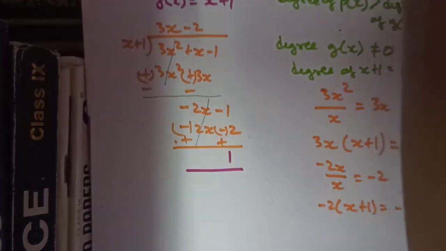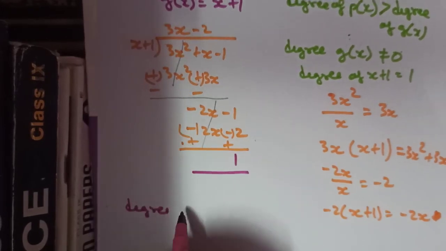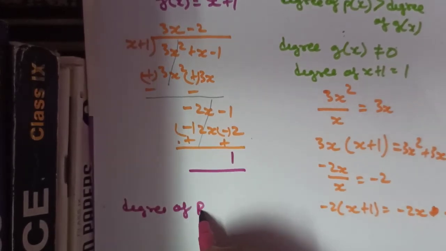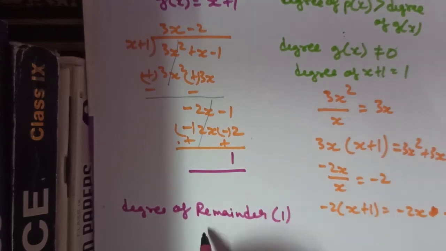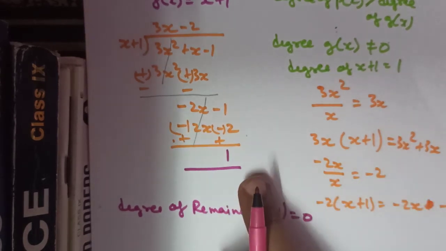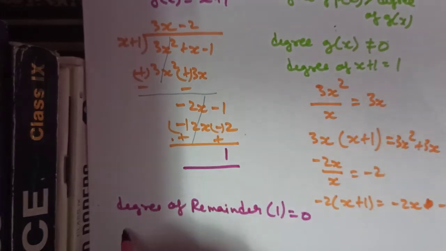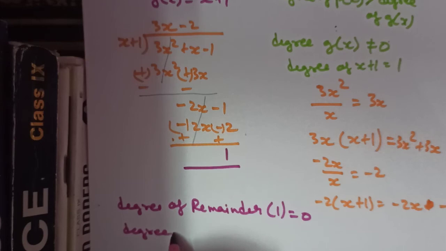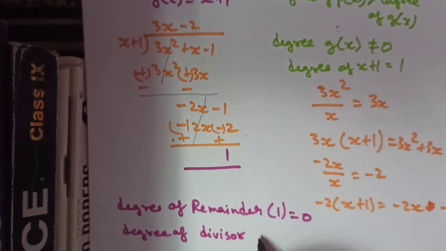You can clearly see here the degree of the remainder. The remainder here is 1, which is a constant polynomial, and the degree of a constant polynomial is 0. The divisor polynomial is x plus 1. What is its degree? 1.